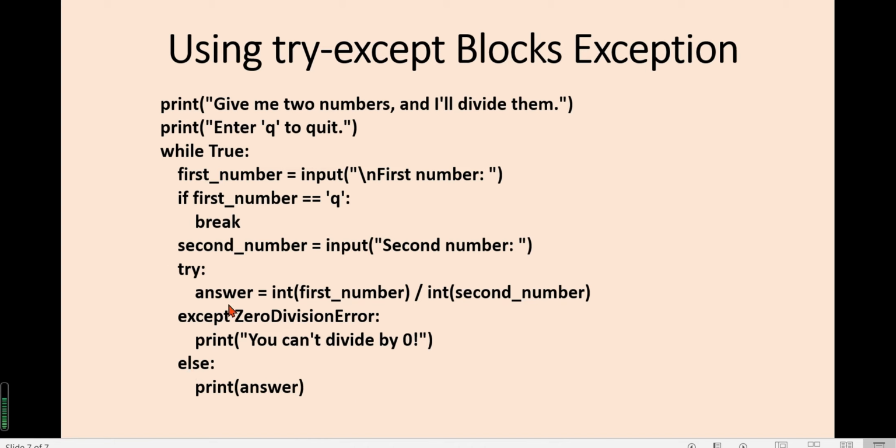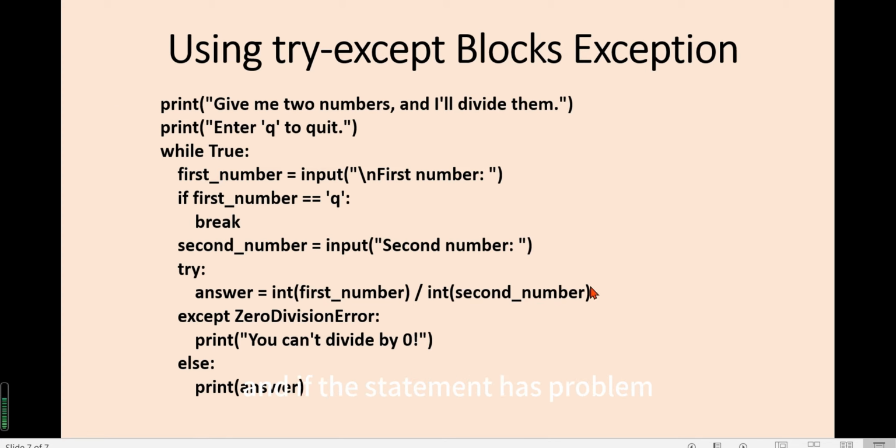In the try block is the division of the int of the first number divided by the int of the second number. If the statement has no problem and can be run, then the else block will be run.